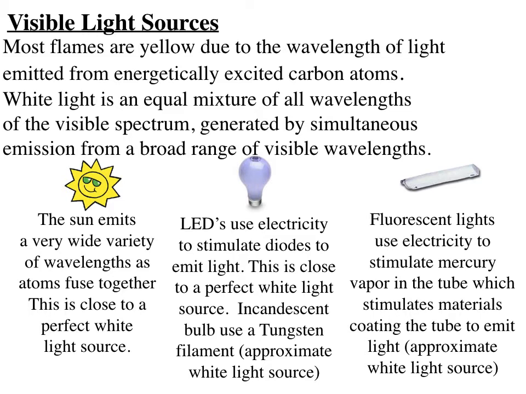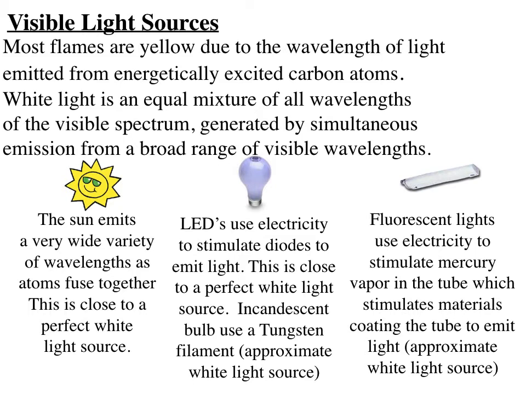Now, the fluorescents do so by sending light through a tube full of mercury vapor. The mercury vapor stimulates what is known as a phosphor that coats the inside of the tube, and it's the phosphor on the inside of the tube that ends up emitting the colors of the visible spectrum that you see for the fluorescent.